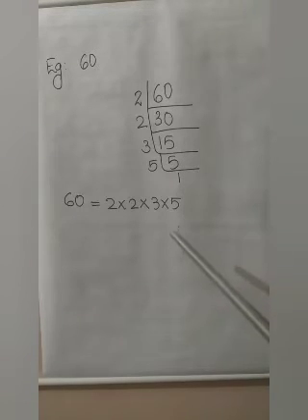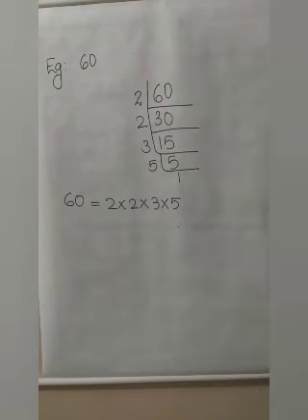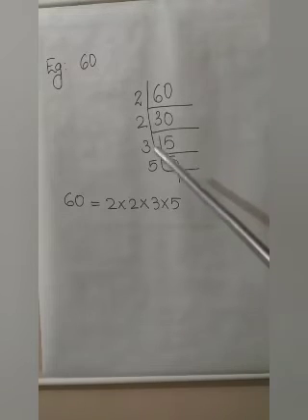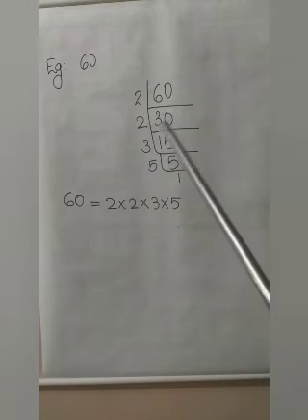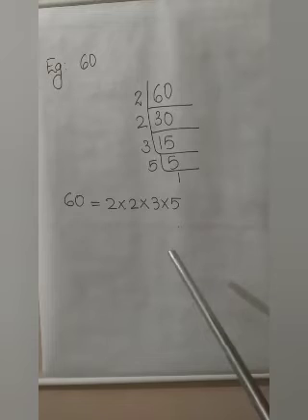Now make sure once more that the numbers you used here are prime. 2 is a prime number. 3 is a prime number. 5 is also a prime number. So all the numbers we used here are prime numbers. Now one more last step: confirm the answer is correct.